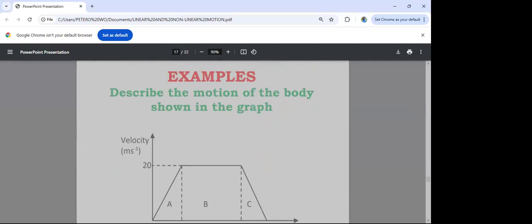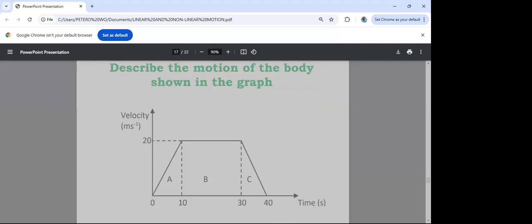They're asking us to describe the motion of a body that is shown in the graph. So there is that graph there. We have 3 types of motion. We have the one that covers area A, the one that covers area B, and the one that covers area C. So how can we describe this graph?